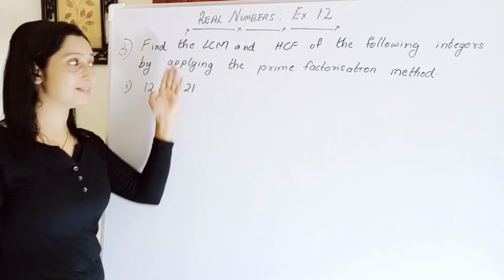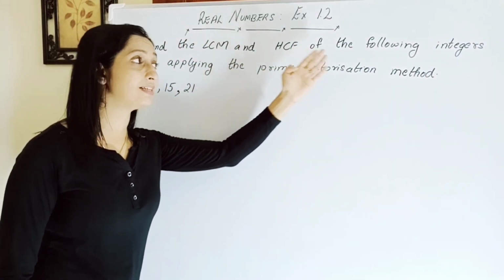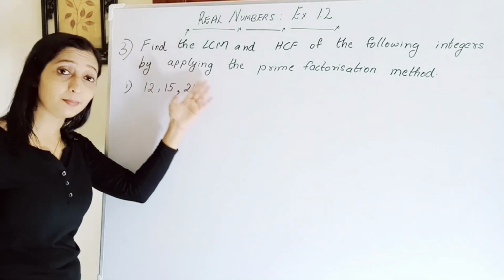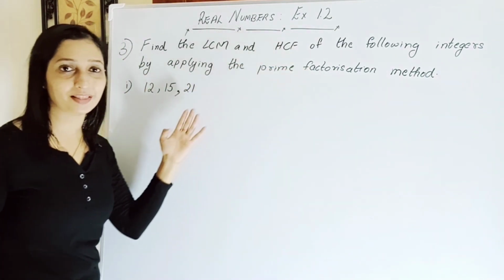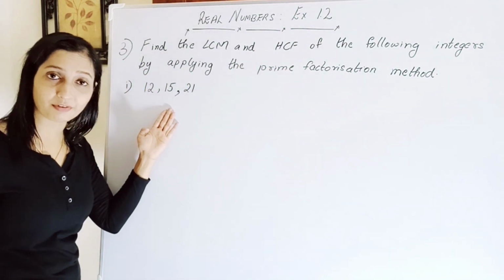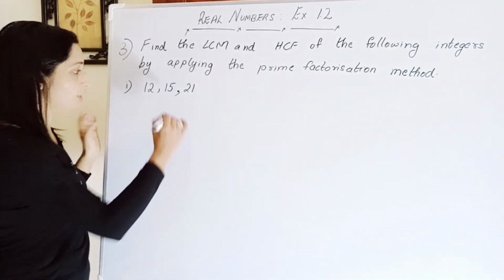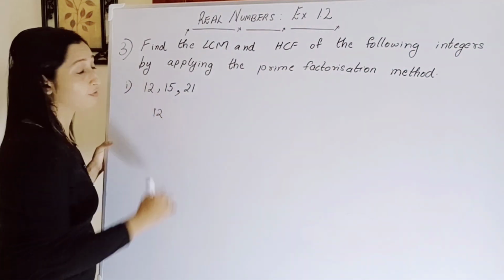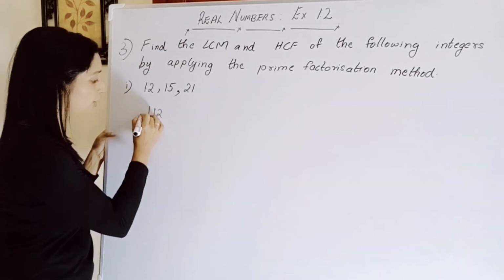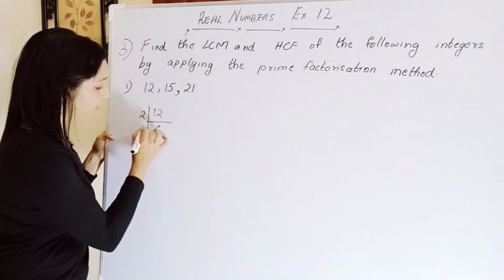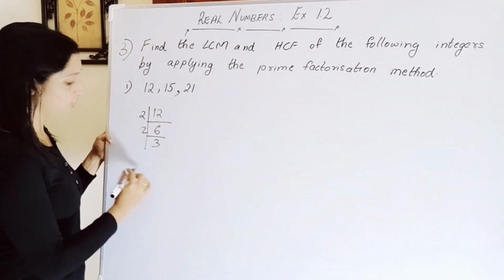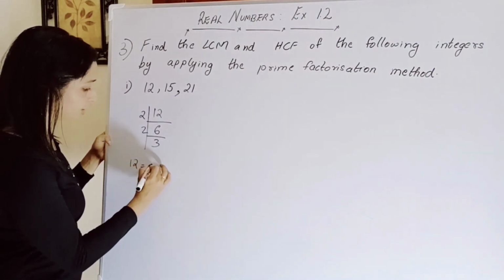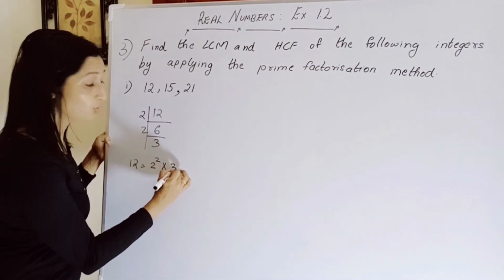So this is a third question, which is to find the LCM and HCF of the following integers by applying the prime factorization method. So first let us find the prime factorization of the given three numbers. So that is 12. How do you find the prime factorization of 12? 2 sixes are 12, 2 threes are 6. So I can write 12 as 2 square into 3.